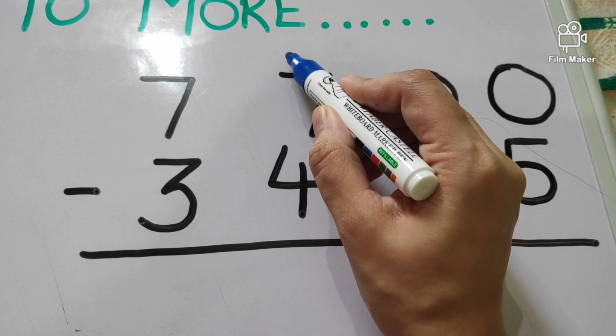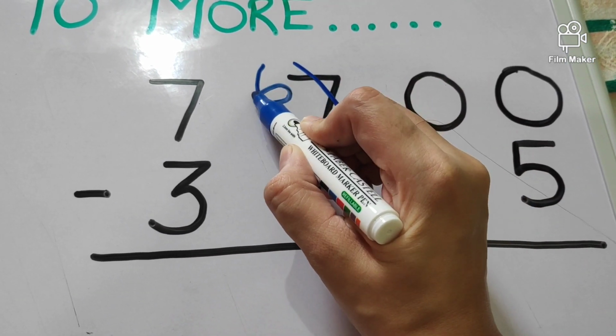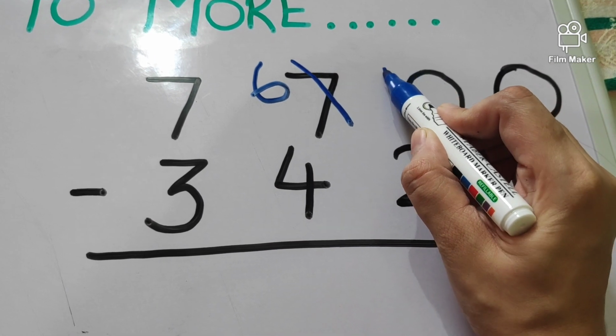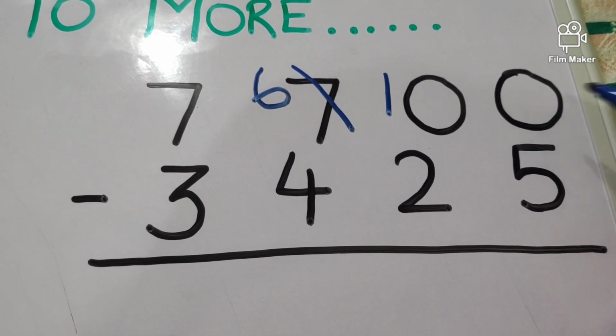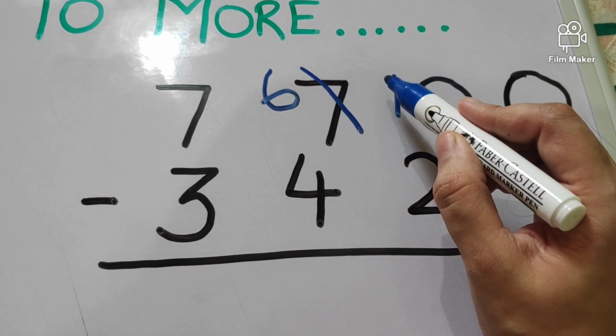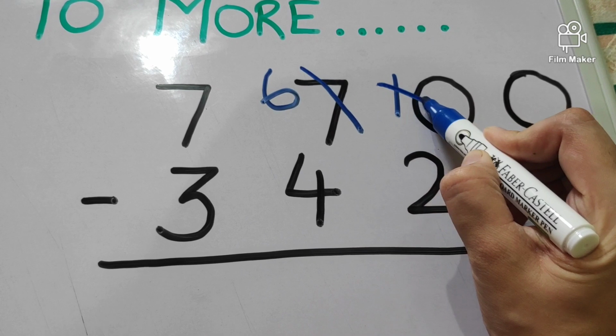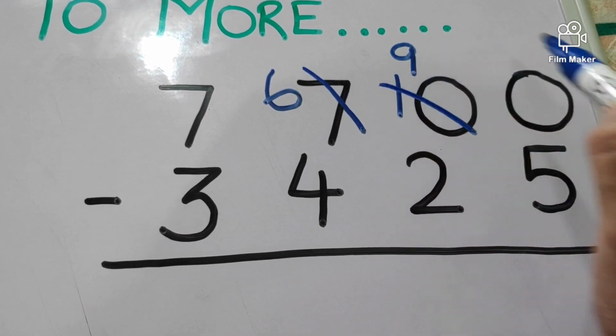From here, we are going to borrow. This will become 6 and this will become 10. But we want the number here, children. So again, we will go to our neighbor. 10 will become 9.